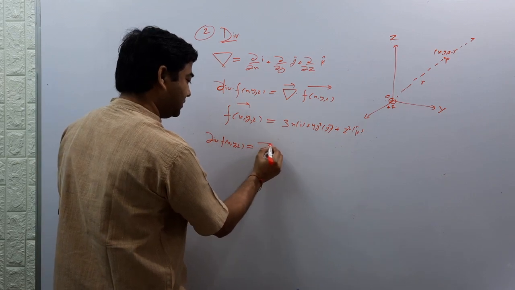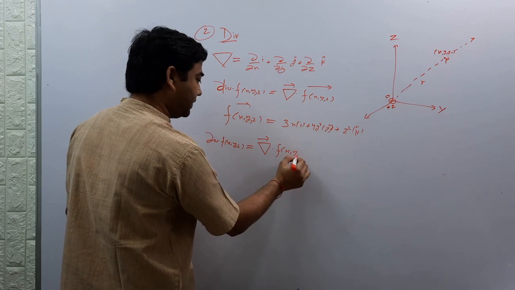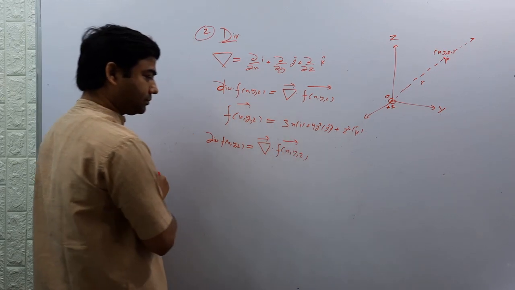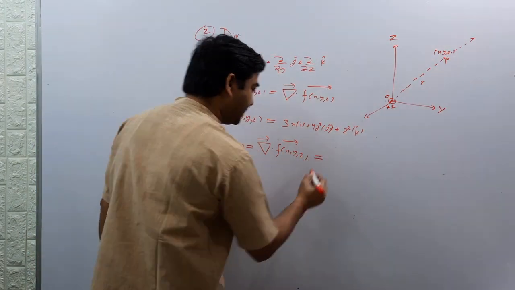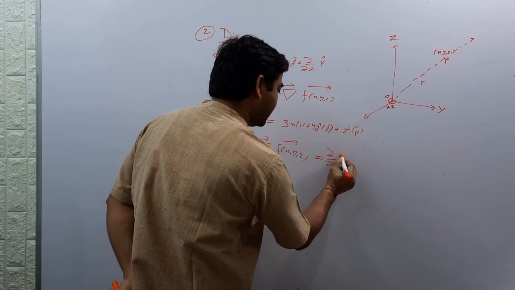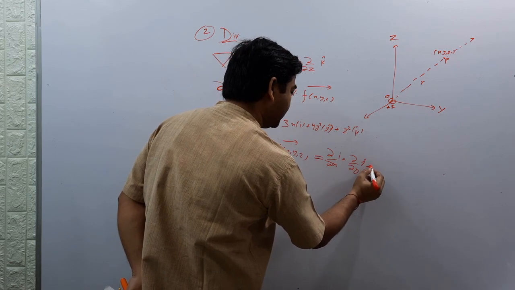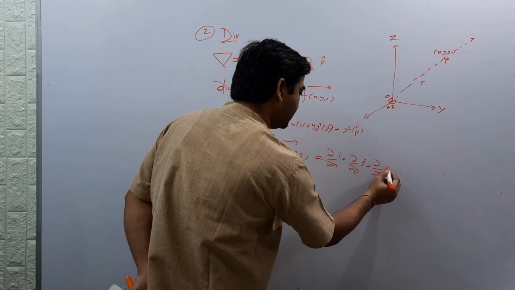This is del dot the vector function. Del can be written as del del x i plus del del y j plus del del z k.